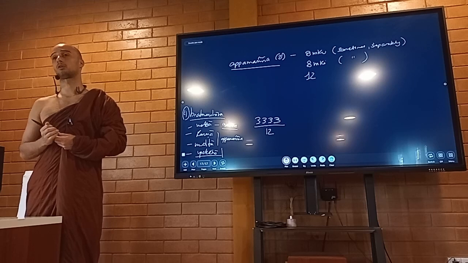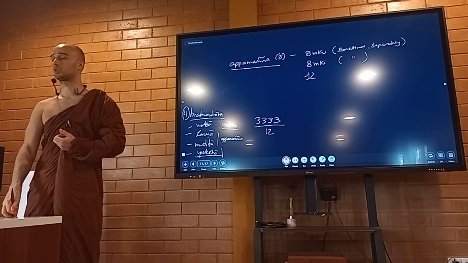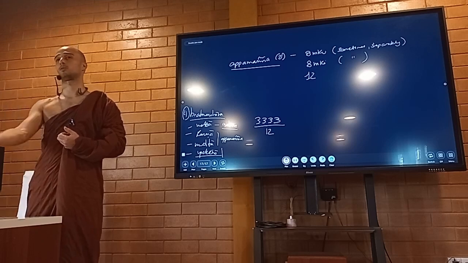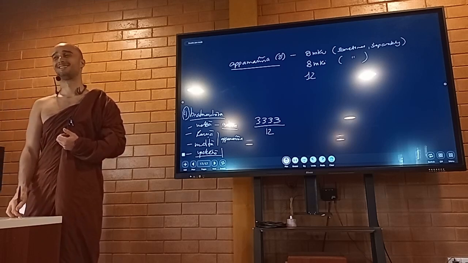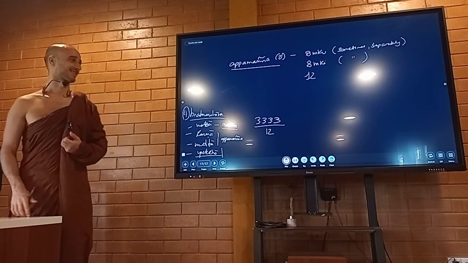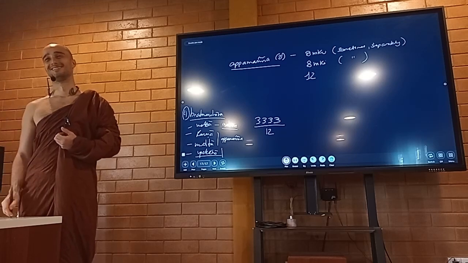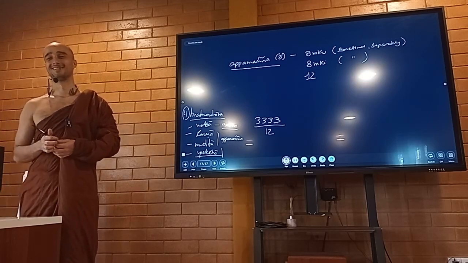And then Lokuttara cittas do not have Appamanna cetasikas. With Nibbana as object, you cannot have compassion towards Nibbana. May Nibbana be free from suffering? No, right? Cannot.